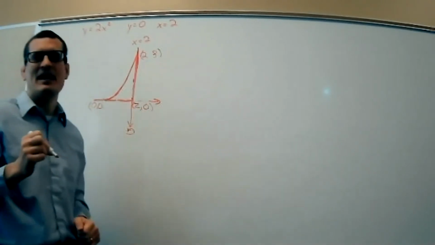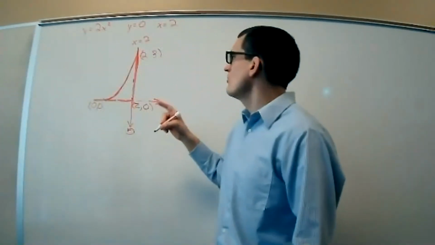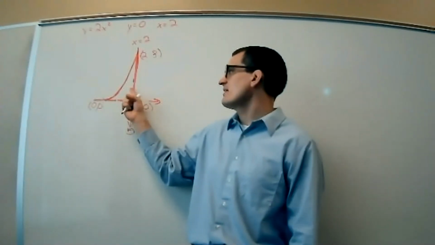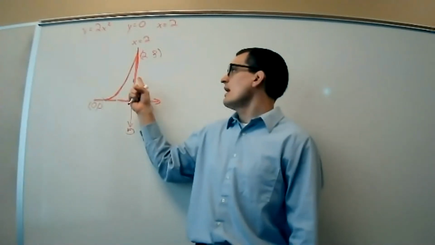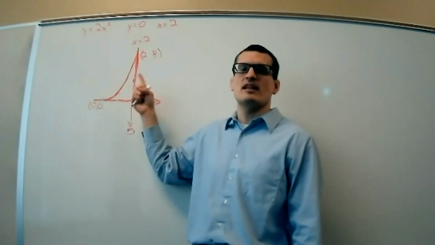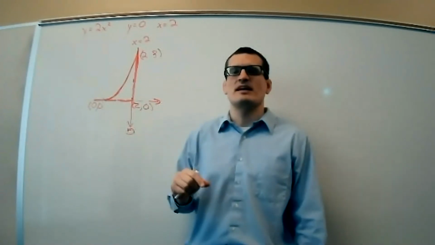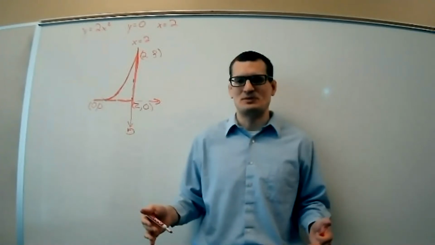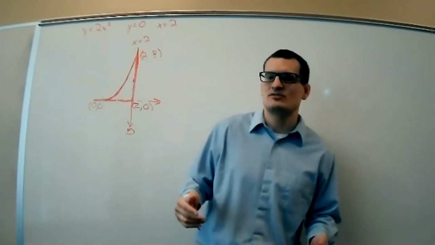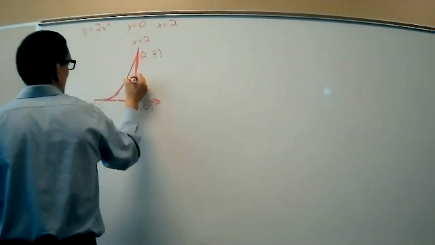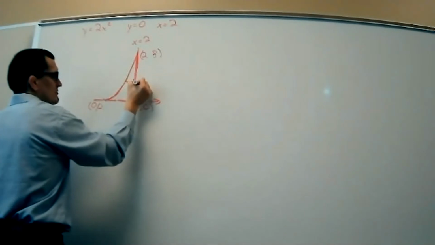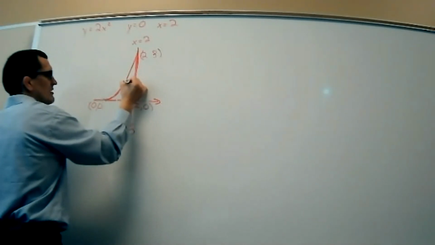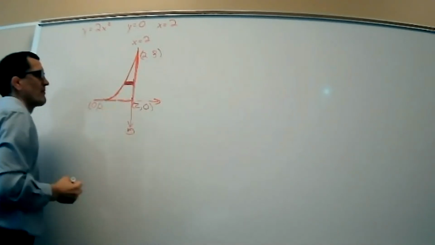And anytime we have the situation where one of the edges of the region is the line we're rotating around, then I always get happy because then we have no space in between. All right.